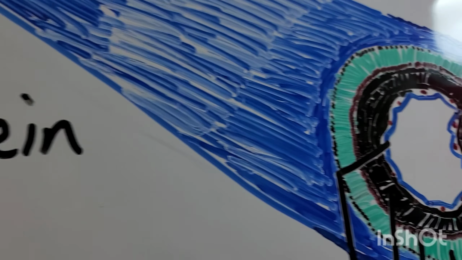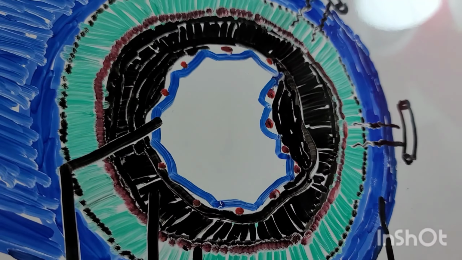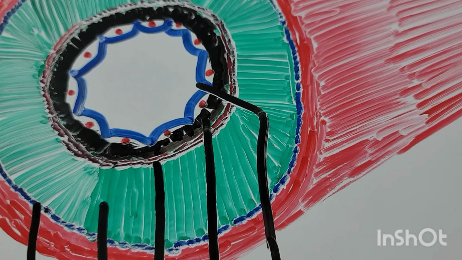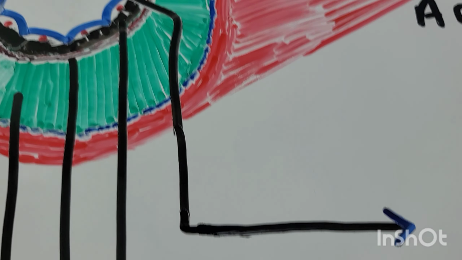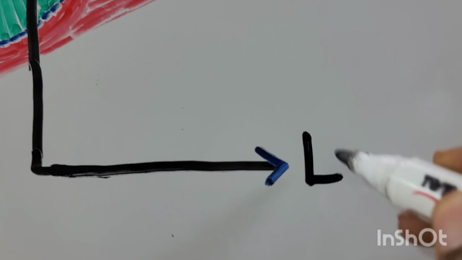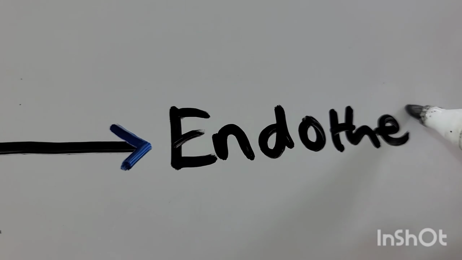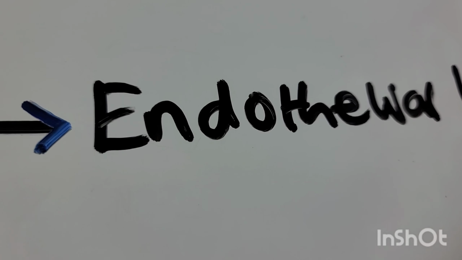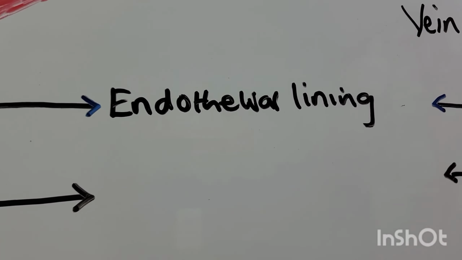They're exactly the same for the veins. These blue cells which are lining, the simple squamous epithelial cells, are what we call the endothelial lining, and it's going to be the same on both sides.